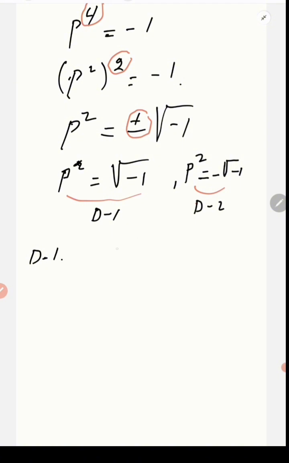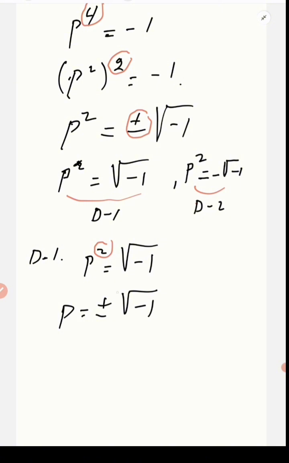For D1, p squared is equal to square root of minus 1. Then p is equal to plus minus square root of square root of minus 1, like this.